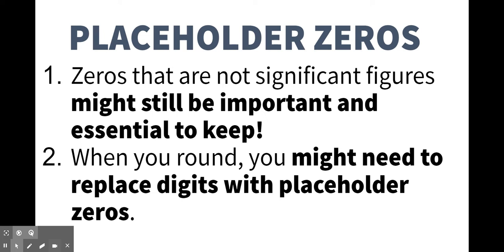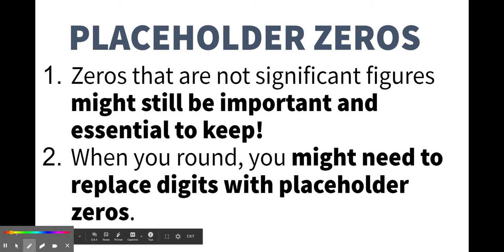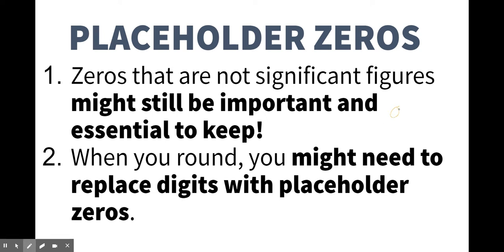For example, in the number 0.015, these are placeholder zeros right here. They're not significant, but you can't just say, oh, well, then that means that they're basically not there. There's a very big difference between being not significant and being not there.